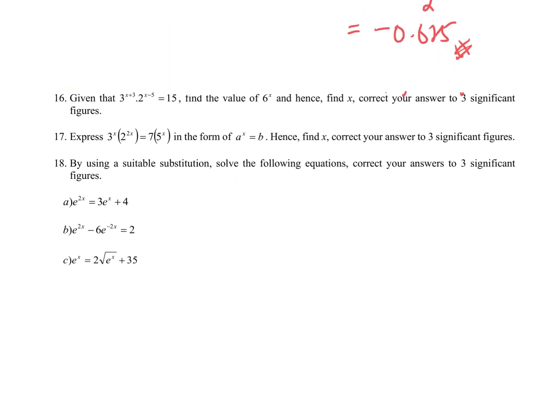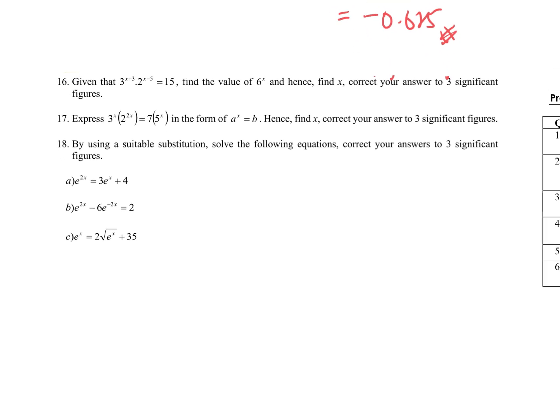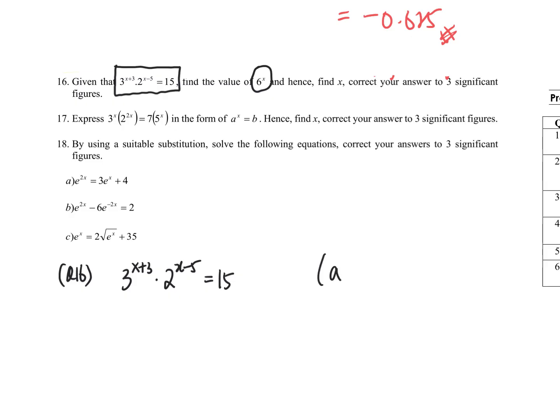Okay, this one. Let's look at 16. Okay, question 16. This is the expression, and the ultimate goal is to find the value of 6 to the power of x. So when you see this, you need to do some form of splitting. Okay, so this is the rule that is important here.